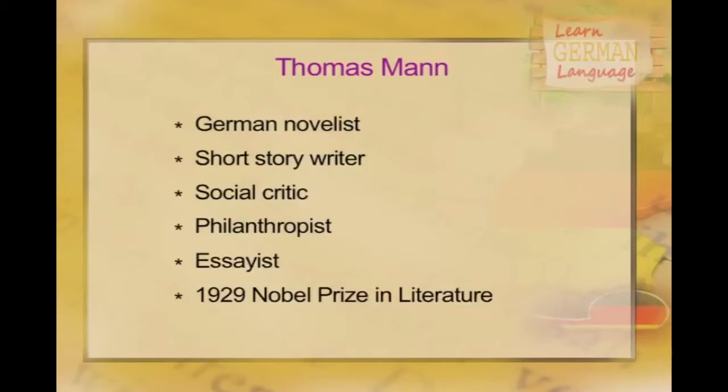Another important voice of German literature are the brothers Thomas Mann and Heinrich Mann. Thomas Mann was also a German novelist, short story writer, social critic, philanthropist, essayist, and he won the 1929 Nobel Prize in Literature.